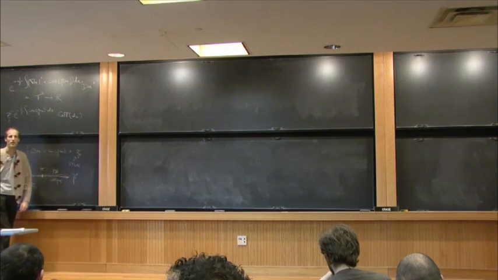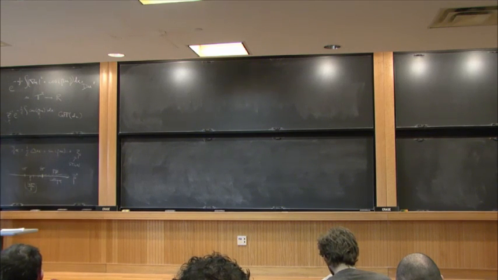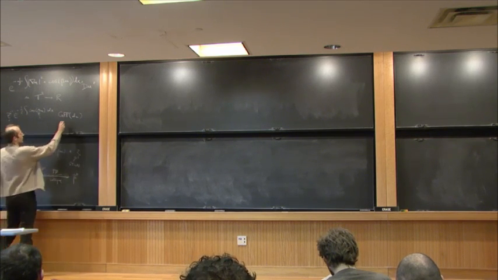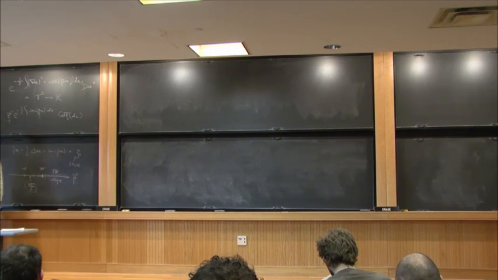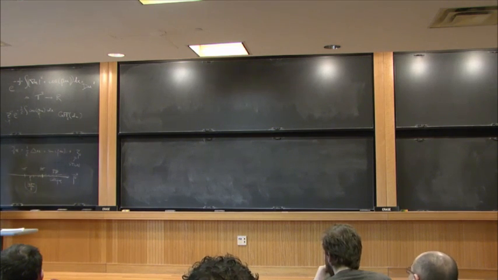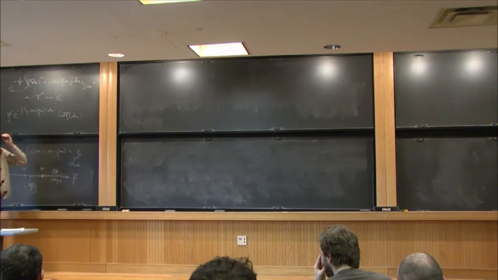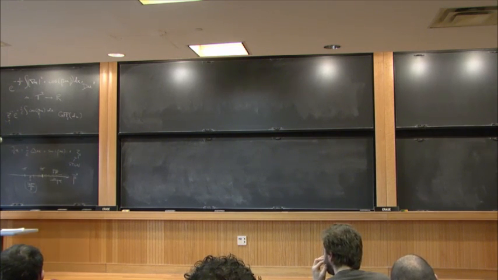You put some little cutoff parameter epsilon in your free field, and then you ask yourself, is there a way of building a limit as epsilon goes to 0?